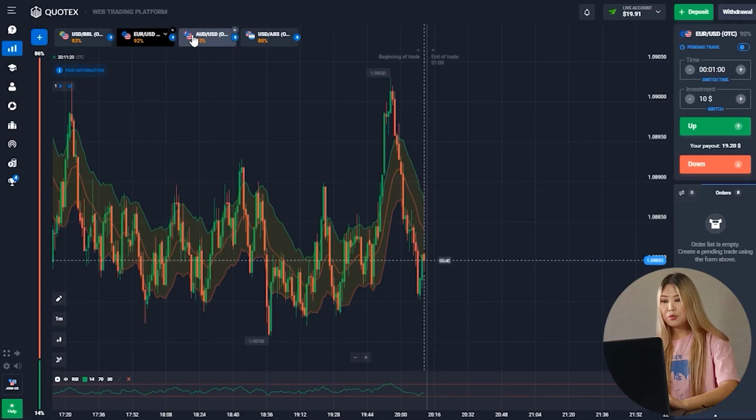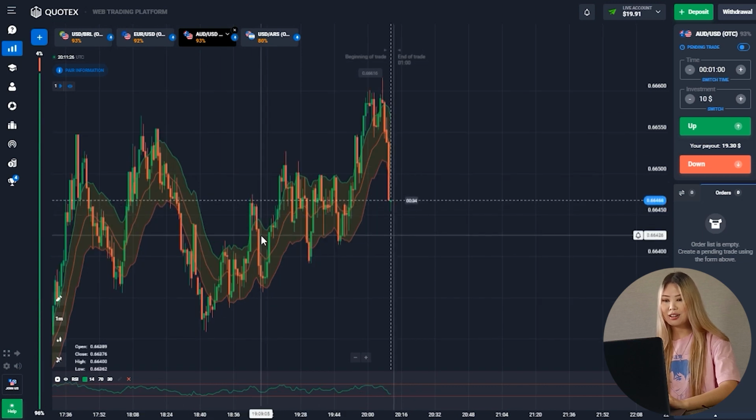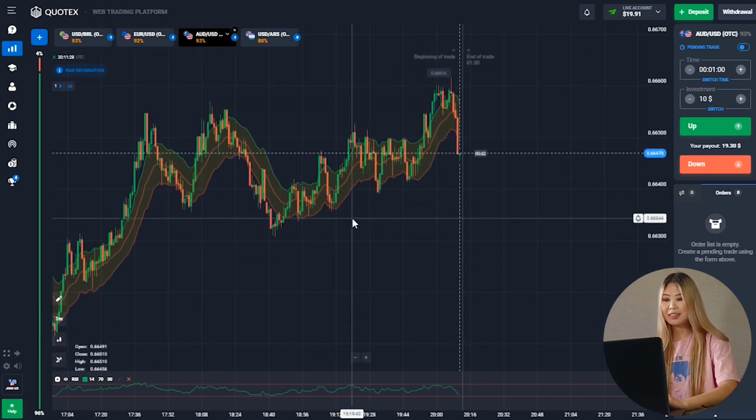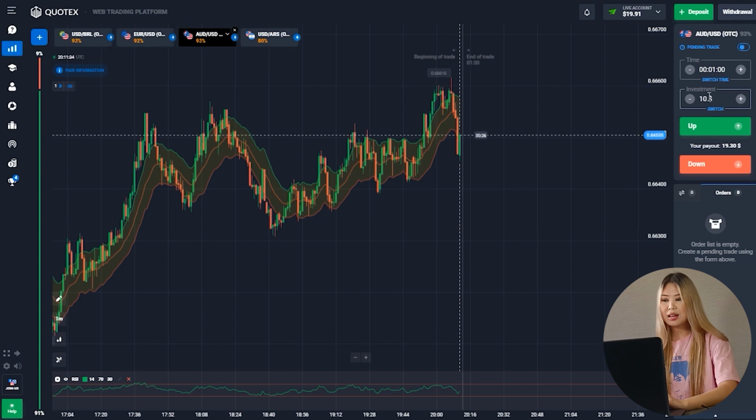And let's find some more great entry points. Let's move on to the third currency pair, American dollars and Australian dollars. And yes, here again, I want to mention the excellent support level that the price has reached, and I want to open a trade up as well and catch this move up. Let's go.